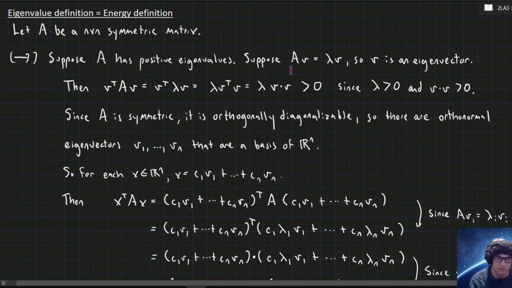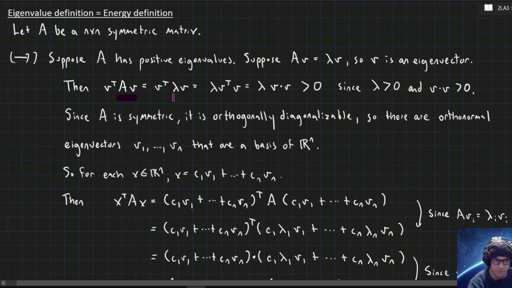That means if V is an eigenvector, we have this relationship with its eigenvalue. So let's consider the expression V transpose AV, in other words, the energy of V. I can immediately rewrite this.